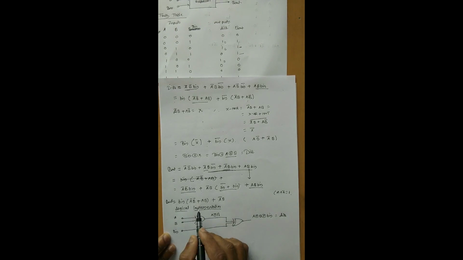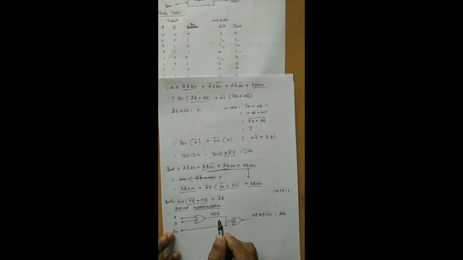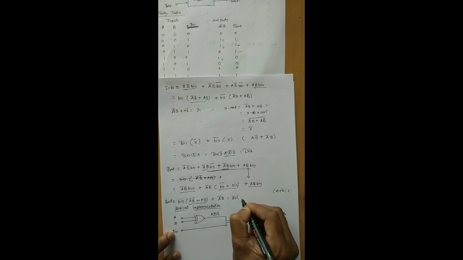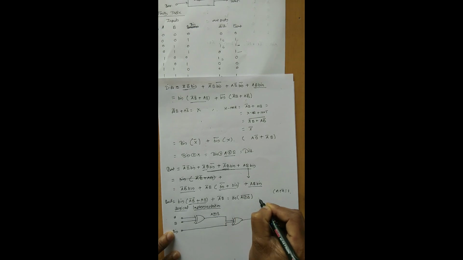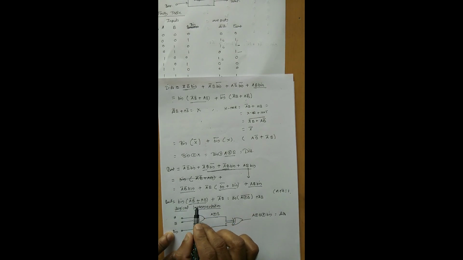Okay, for the borrow we know that we have these terms, so this will be modified like B in, A XORing with B complement, plus A bar B. Okay, because the exclusive NOR gate can be implemented by using XOR plus NOT gate.